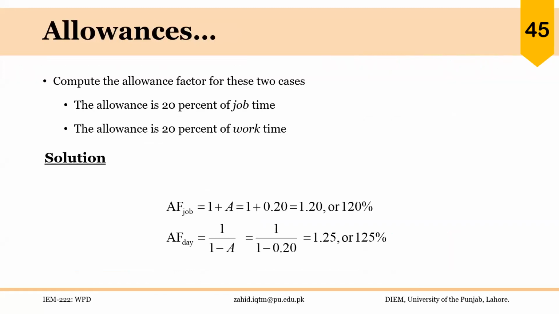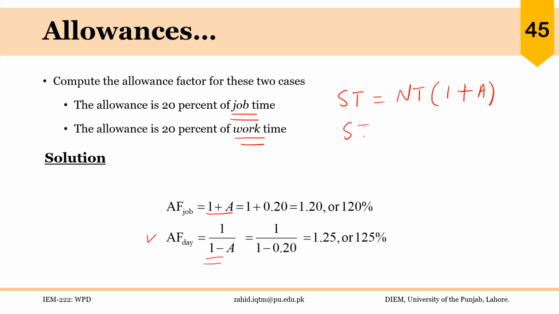Now there are actually two approaches to apply this allowance: as a percentage of job time or as a percentage of work time. If you are using the allowance as a percentage of job time, then you use 1 plus A, otherwise 1 over 1 minus A. The basic formula for the standard time is normal time into 1 plus A, if the allowance is given as a percentage of job time.